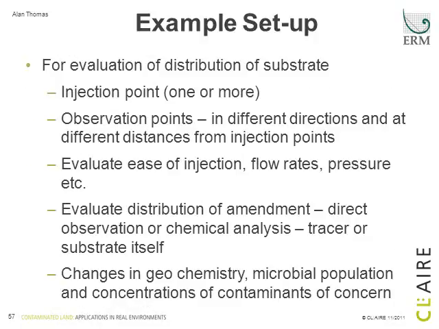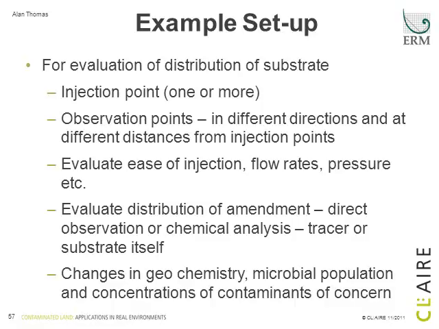Just going to talk briefly about an example setup. This is for the evaluation of distribution of a substrate within the subsurface. So typically you'd start with one or more injection points within the area of concern where you want to undertake the treatment, and then you'll install a series of observation points, typically in different directions and at different distances from the injection points.